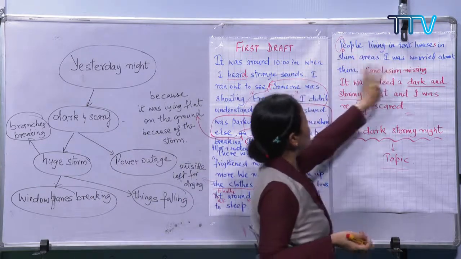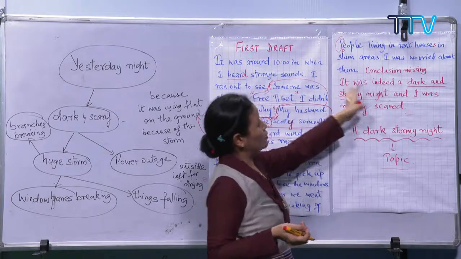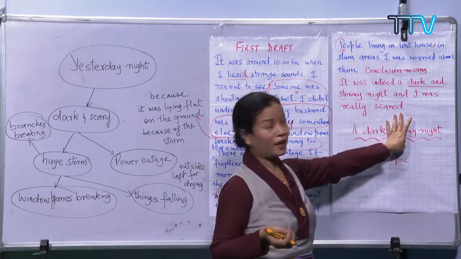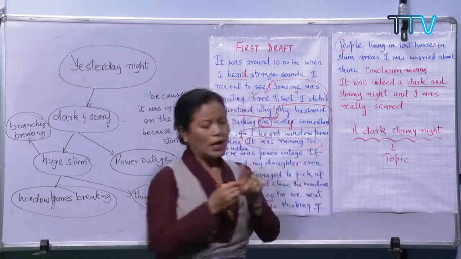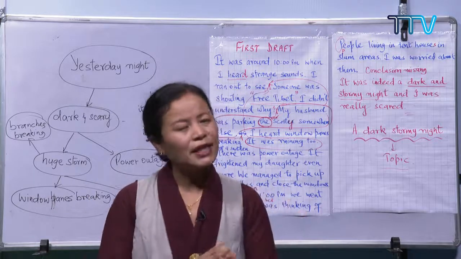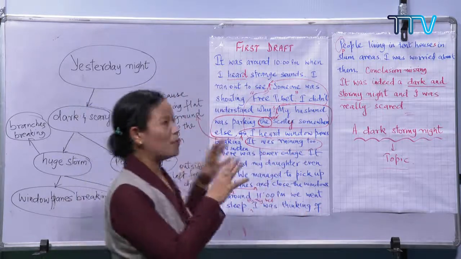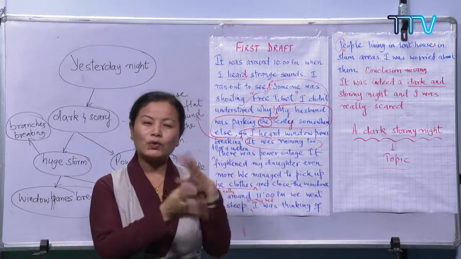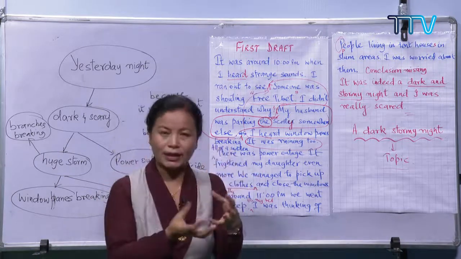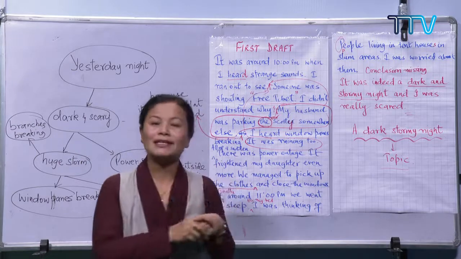I was worried about them. It was indeed a dark and stormy night and I was really scared. Compound sentence. So, keeping class 5 and 6 students' level in mind, I think we have somehow managed to use a variety of sentences like simple and compound mostly, and just 1 or 2 complex sentences.